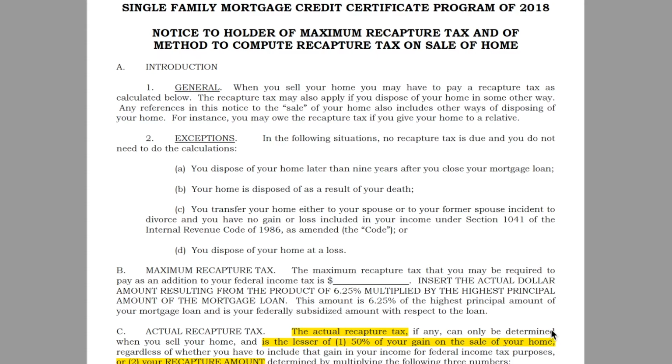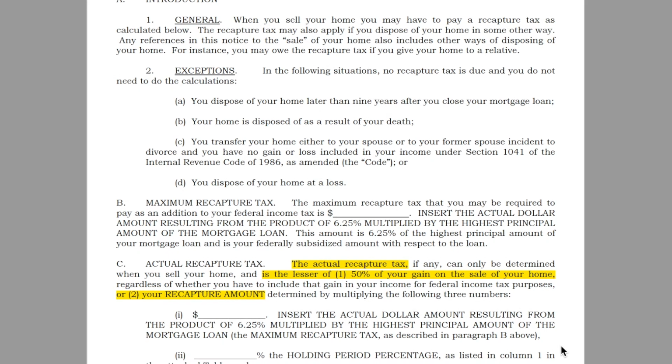So one of the ways that the government sort of watches out for that is they might be red flagged if they see that a home has been sold relatively quickly and a huge profit has been made off of it. They might think, hey, this home was being flipped, not used as a residence. So this doesn't happen very often, that people are flagged or audited and then charged this recapture tax.